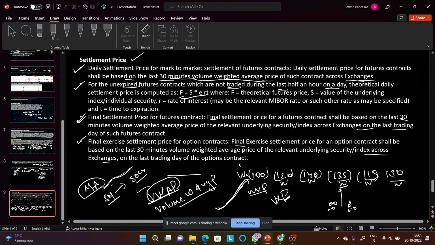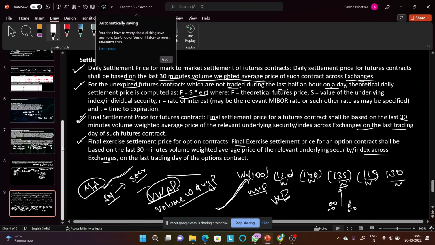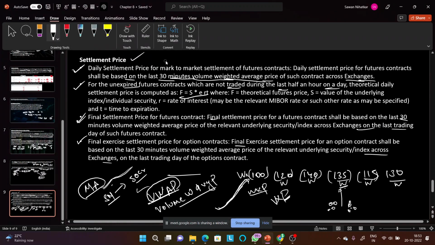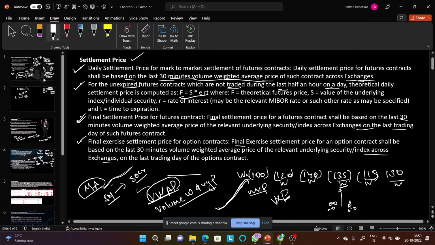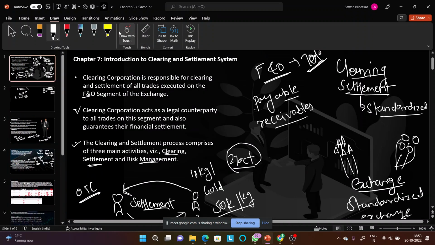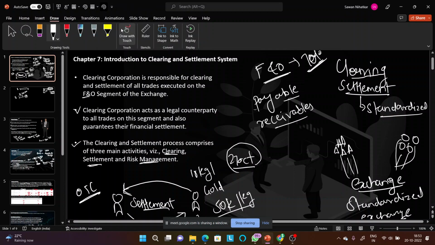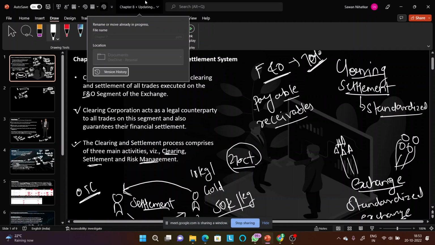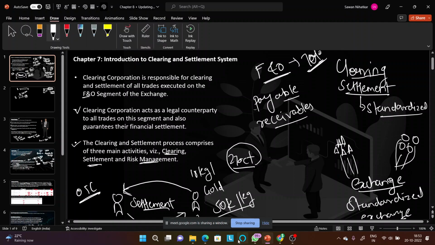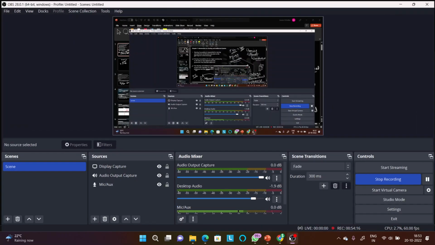I'll provide you with this particular PPT, and you just read it accordingly. Read the PPT once as well. If you want it, I'll just go through the book once. Okay, this was chapter 7, not 8. So this was chapter 7 and not 8, which is fine. I have already saved it. I'll just stop sharing and stop the recording.